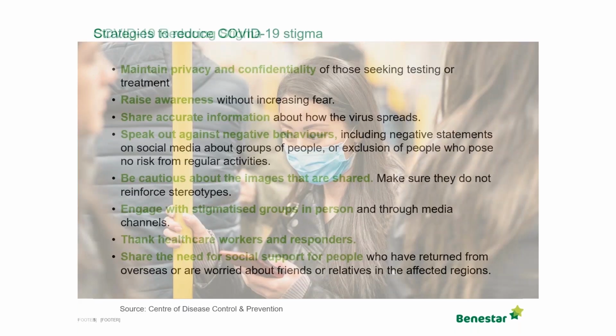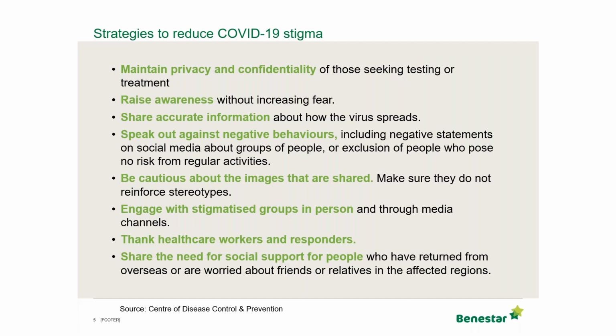So how can we reduce the level of stigma that we're seeing? We can maintain the privacy and confidentiality of those seeking treatment or testing. We can raise awareness without increasing fear.